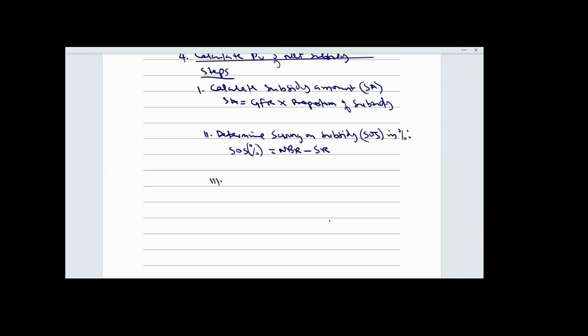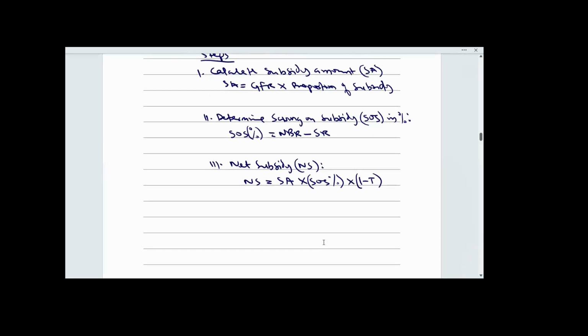Then number three, you calculate net subsidy, NS. How do you calculate net subsidy? Net subsidy is calculated as subsidy amounts multiplied by savings on subsidy in percentage, then multiplied by 1 minus tax. That will give you the net subsidy.